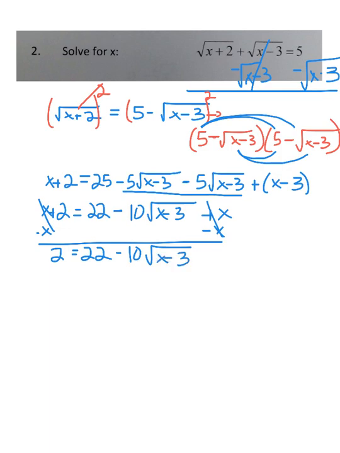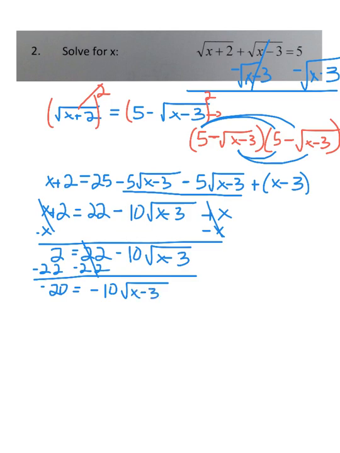I probably like to try to get that radical by itself, so let me try to get things isolated. So I'm actually going to move this 22 over by subtracting it. That will cross that out, and that's going to give me negative 20 equals negative 10 radical x minus 3.